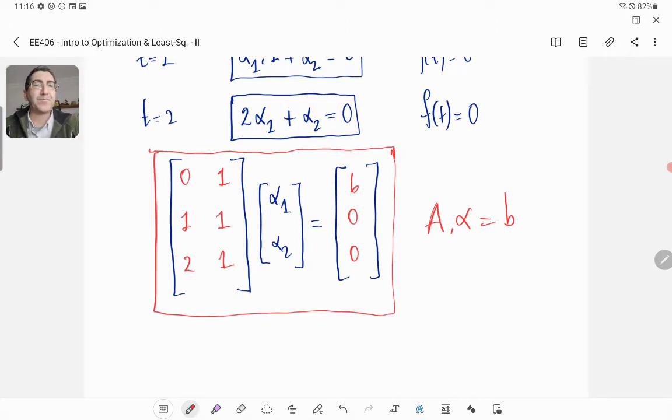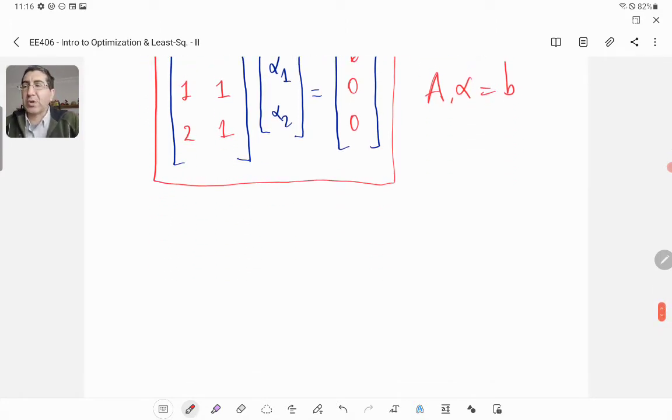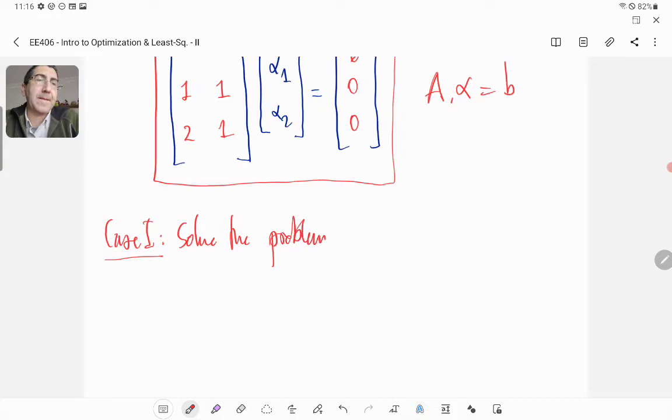Okay, so case 1, let us solve the problem algebraically, without using vectors too much.